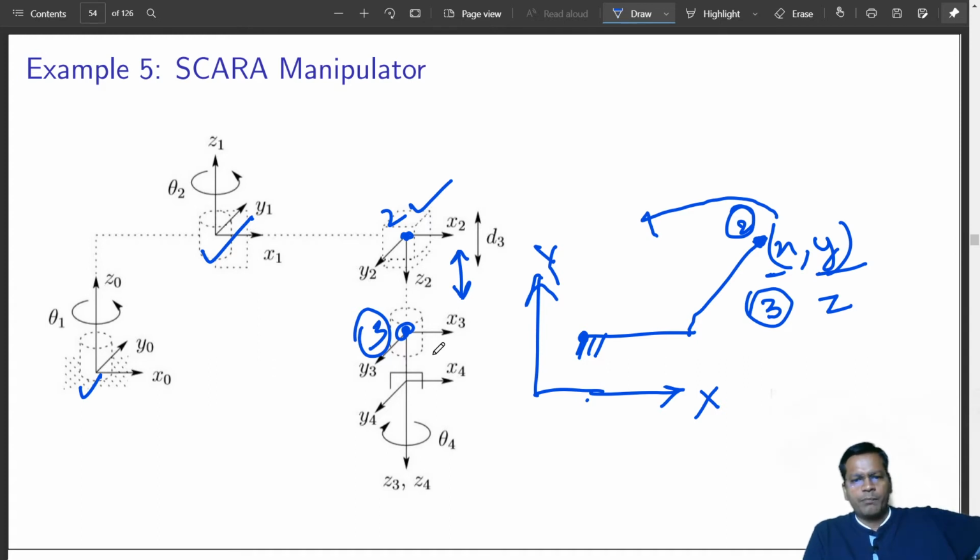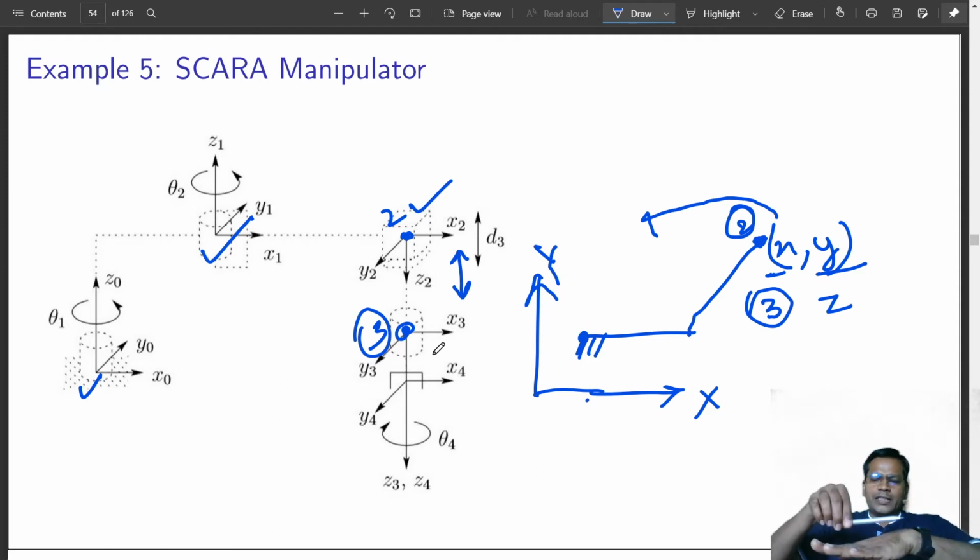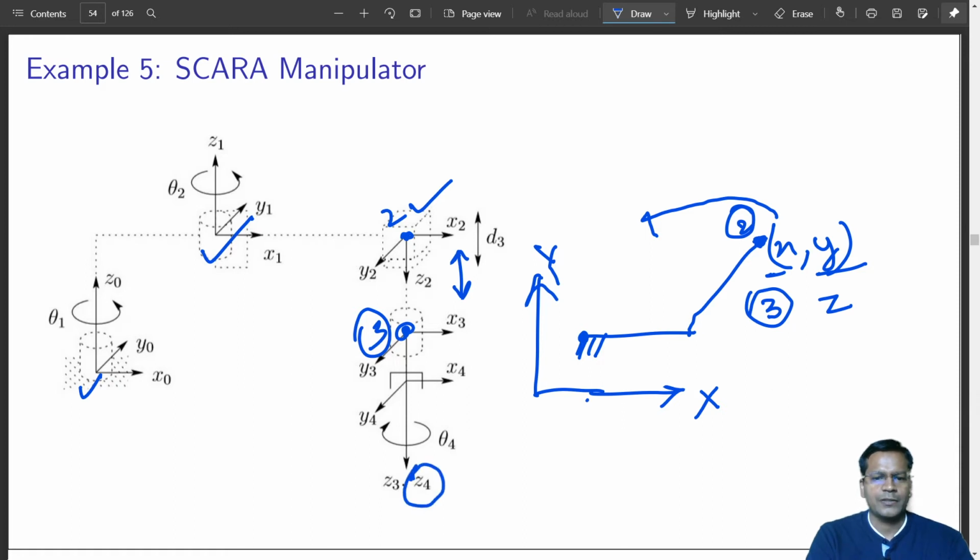Pick it, place it, pick it, place it. The only change you may require, if it is a chocolate moving on a conveyor belt, is that it can be oriented any way, so you just want this planar orientation. This orientation is possible using this vertical z axis. So that is how it is done.